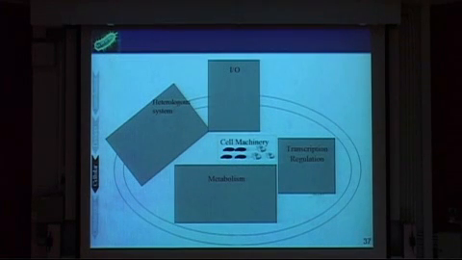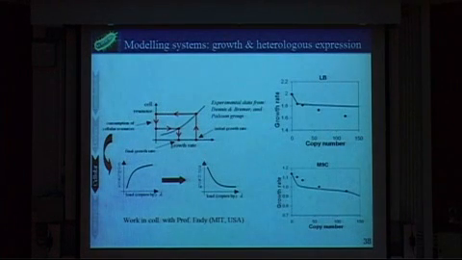Then we also need to describe the cell machinery, the resources you are taking from it. Here it's a collaboration with Drew Endy at MIT, and the idea is pretty simple. Since the 80s it has been characterized what the quantity of ribosomes in a cell is, and how they are sequestered when you have, for instance, higher growth.